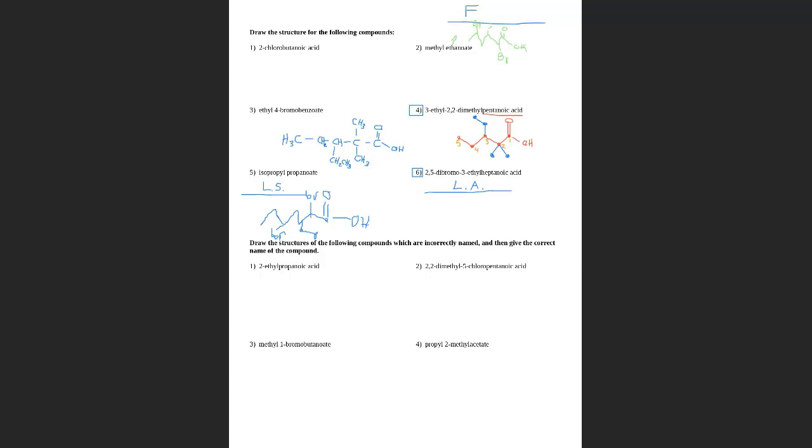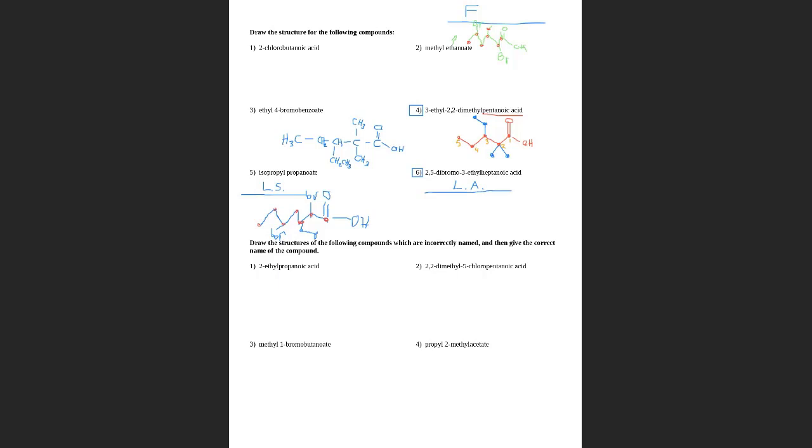Okay, so that's what I got. I don't know if you can make it out. Let's take a look. One, two, three, 4, 5, 6, 7. Got my bromine there on 2, and then my ethyl on 3. Okay. 1, 2, 3, 4, 5, 6, 7.